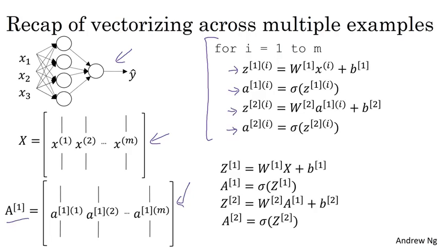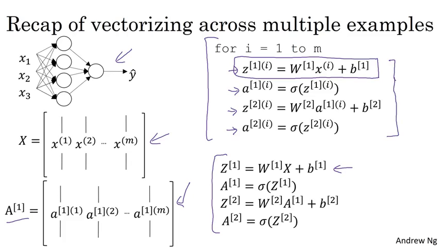This is an example for A1, but this is true for Z1, A1, Z2, and A2. What we showed on the previous slide was that this line allows you to vectorize this across all m examples at the same time. And with similar reasoning, you can show that all of the other lines are correct vectorizations of all 4 of these lines of code.